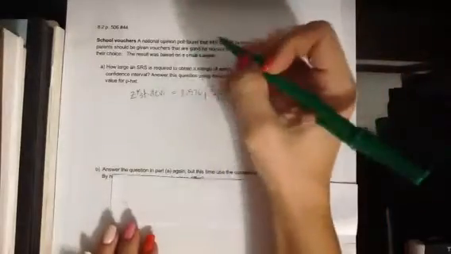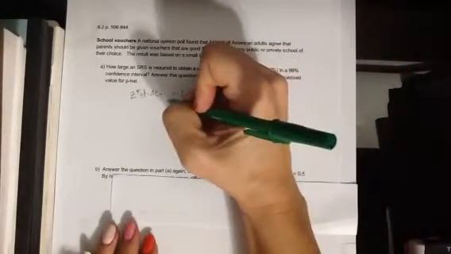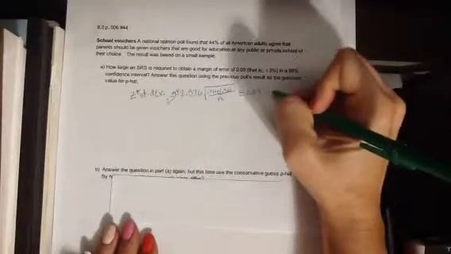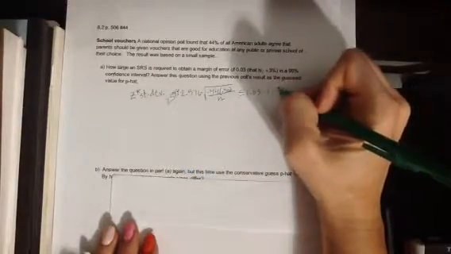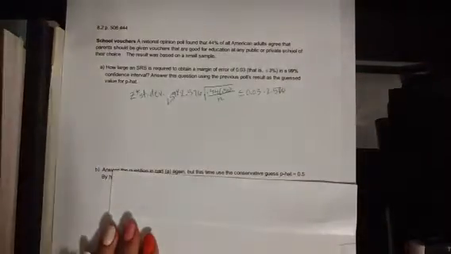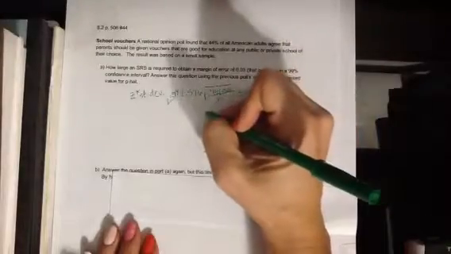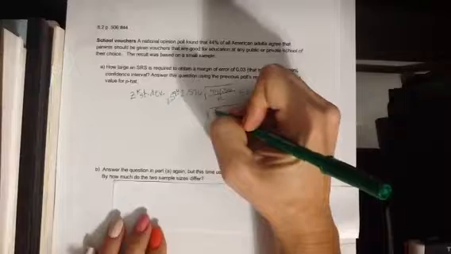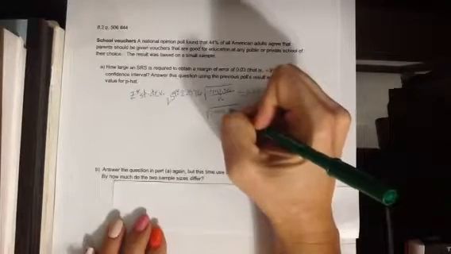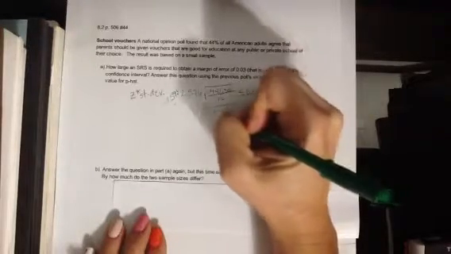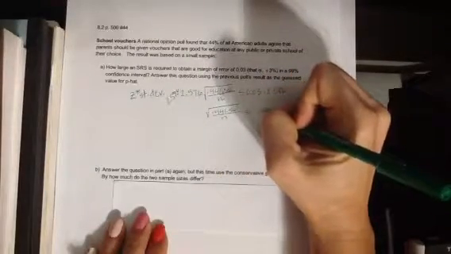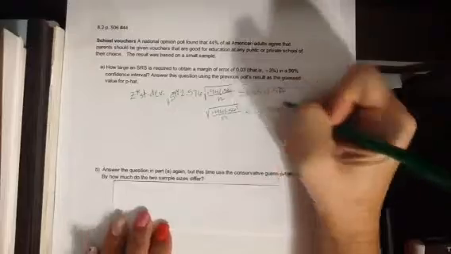To solve that, I would multiply both sides times 2.576. And if you go to your calculator for that, you're going to get the square root of 0.44 times 0.56 over n would be less than or equal to 0.0116.